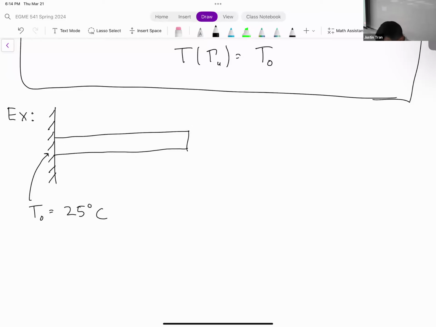And then on the other end of the rod, we have a Neumann boundary condition, but it's going to be fully insulated. A fully insulated end basically means the derivative of the temperature, dT/dx, is going to be 0.